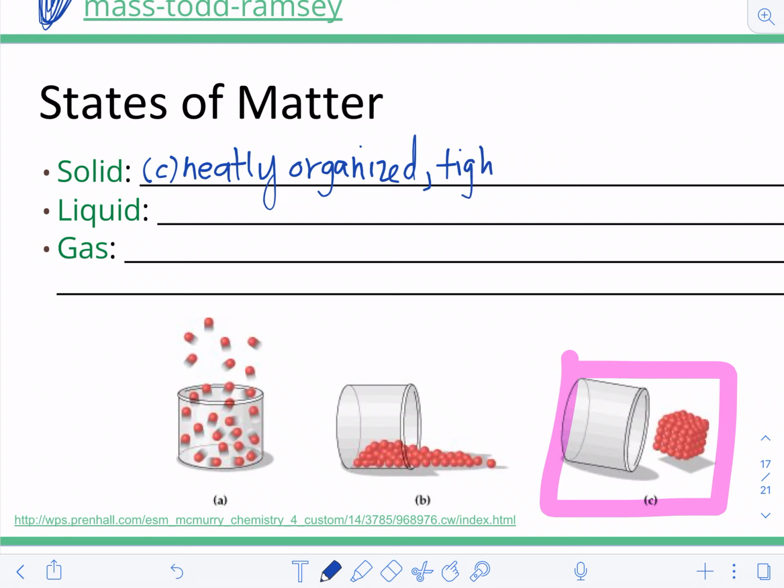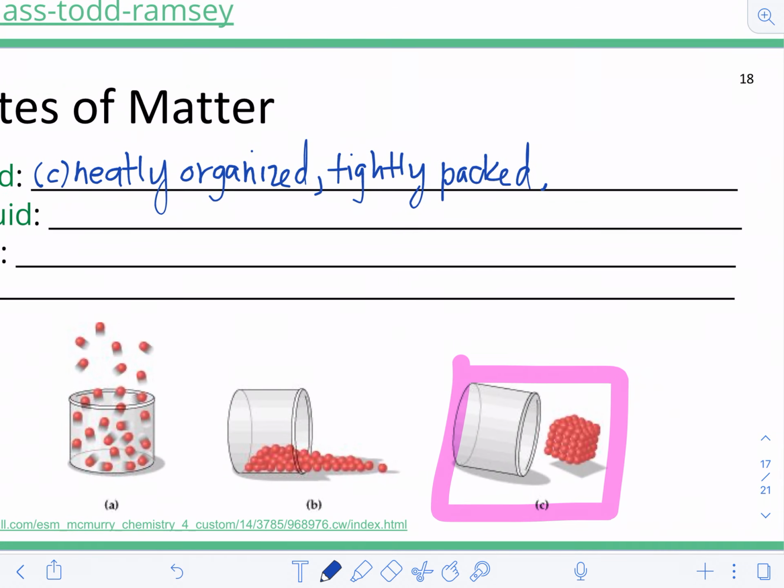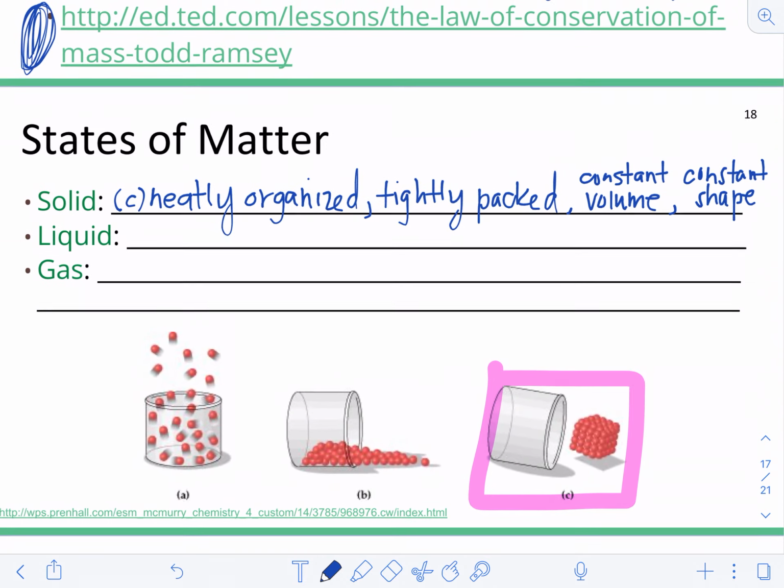There is a constant volume, and it holds a consistent shape, so I'll just say constant. For the liquid and the gas, I'll just talk about them but won't write them to save some time, and you guys can do that.